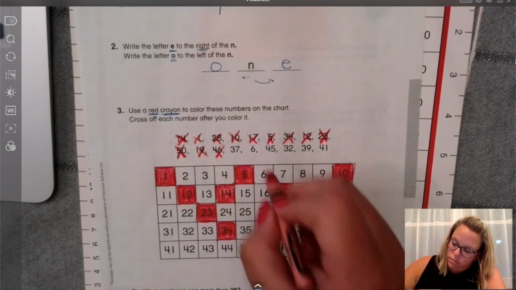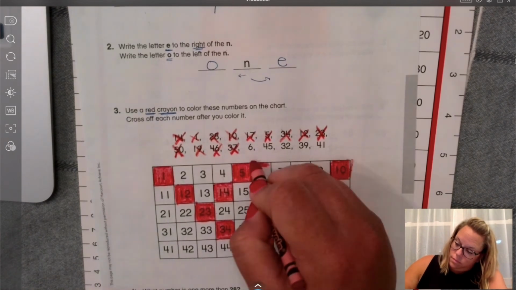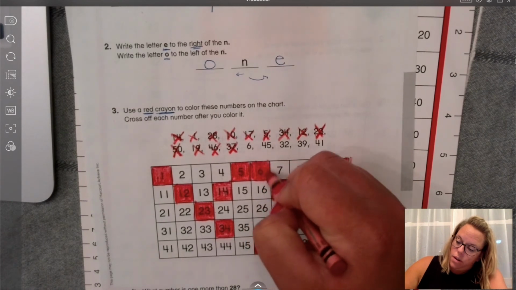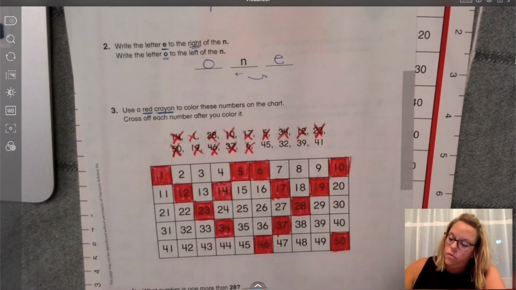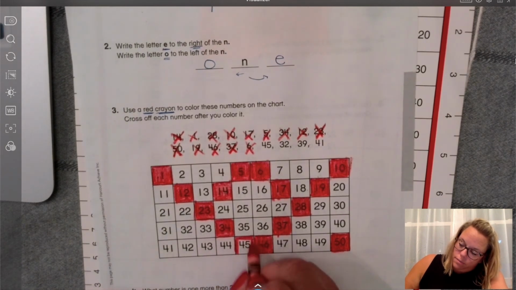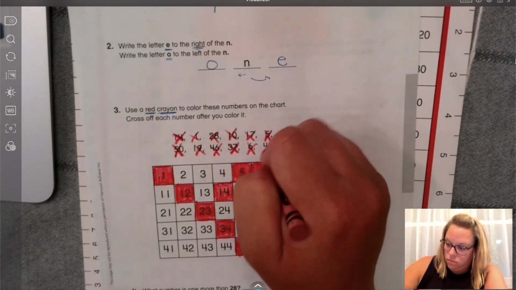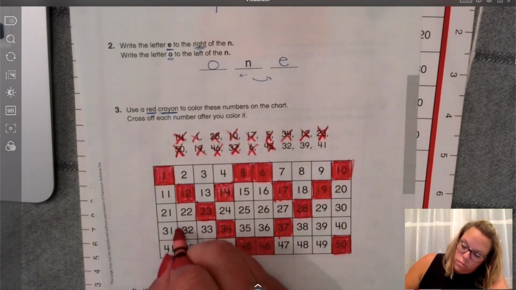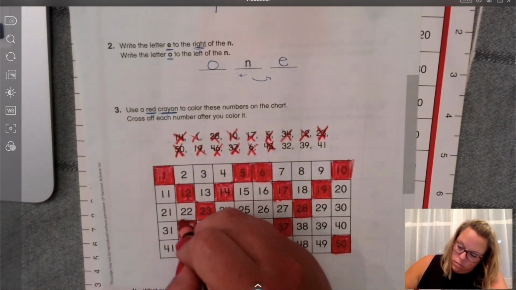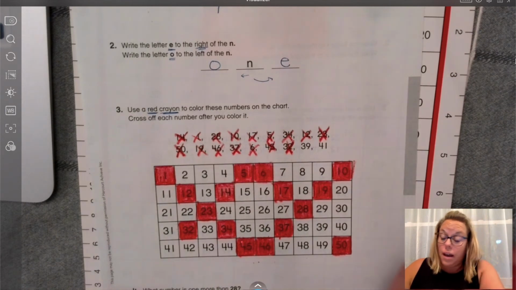6. Still outline it even if it's right next to one you've already colored in. 45. 32. 39.